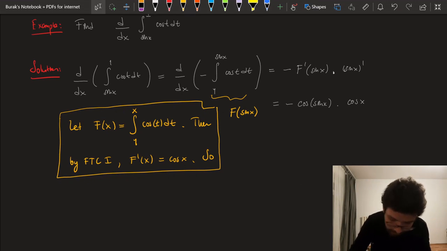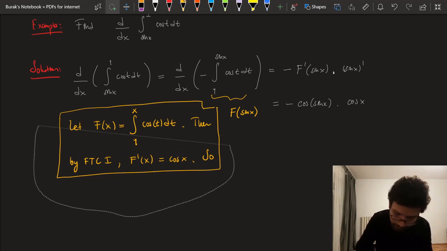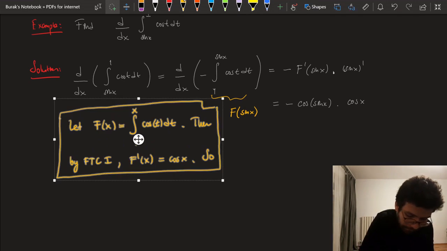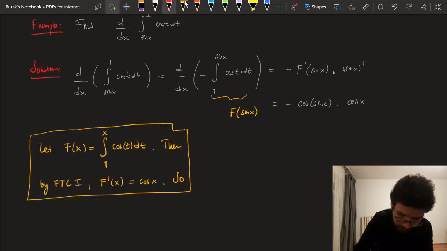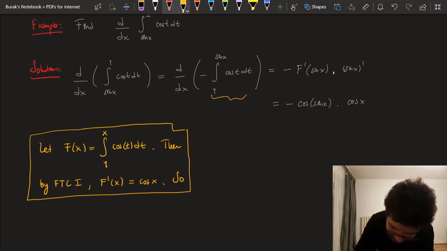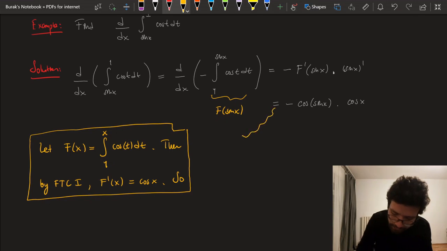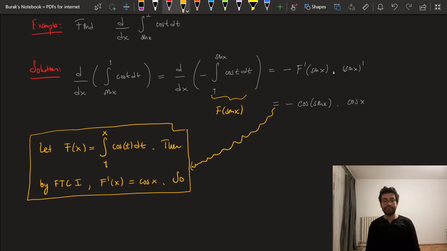So over here, let me put it over there and let me rewrite this. This is F of sine of x. Over here, I'm using this observation.